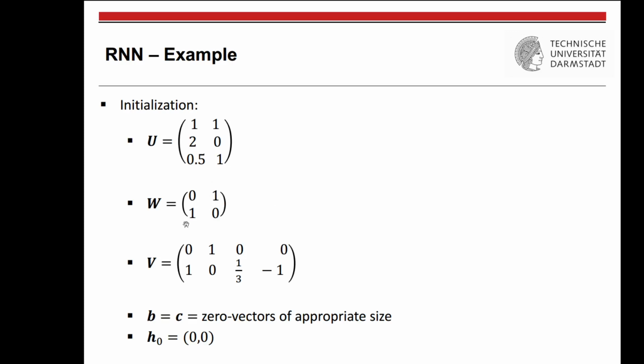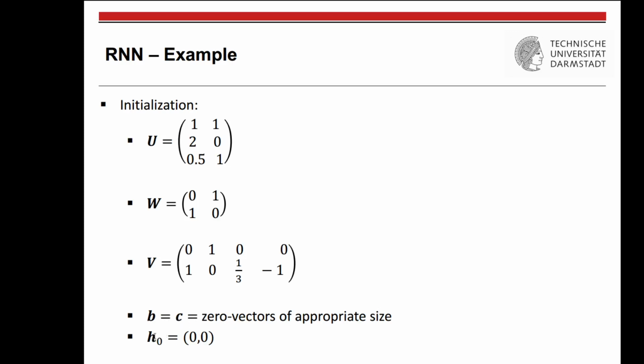In this case, it has this form. U then maps from the input to the hidden space, so it should be 3 times 2-dimensional. That's also a random choice here. And then V maps from the hidden state, which is 2-dimensional, to the output space, which is 4-dimensional, right? And we choose that matrix here. Our bias values, we choose them to be 0 vectors.